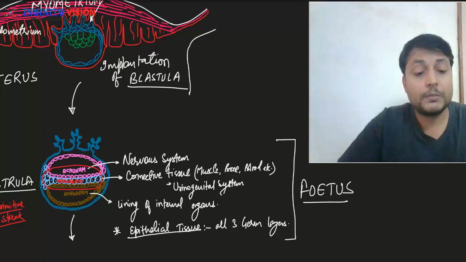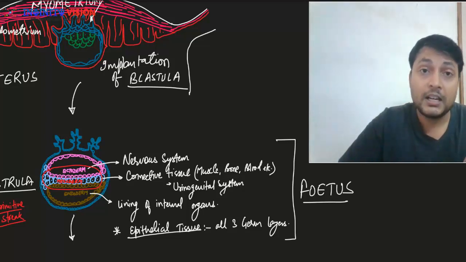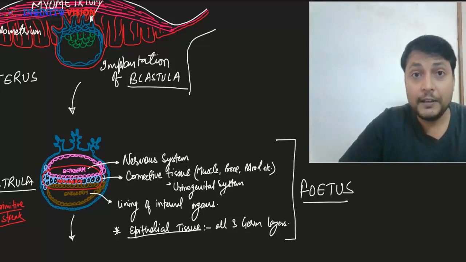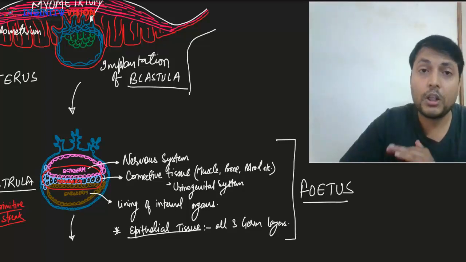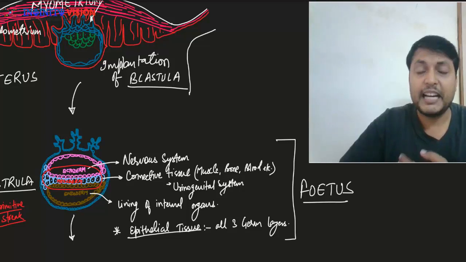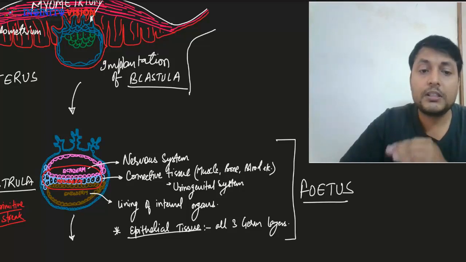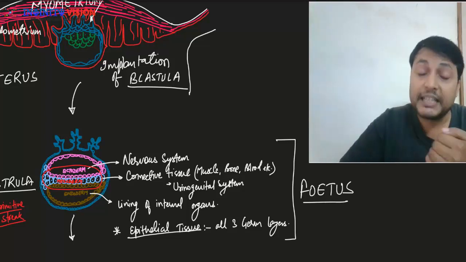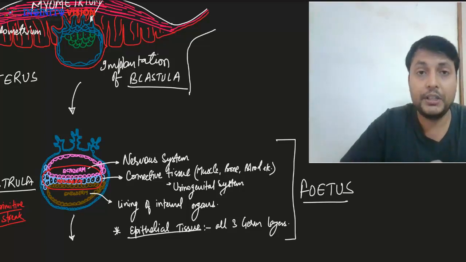It will be responsible for the formation of all the bones, cartilage, blood, lymph, and so on. So all the connective tissue, such as areolar tissue, adipose tissue, as well as the urinogenital system, testes, ovary, ureter, all these will be formed by the mesodermal cells.